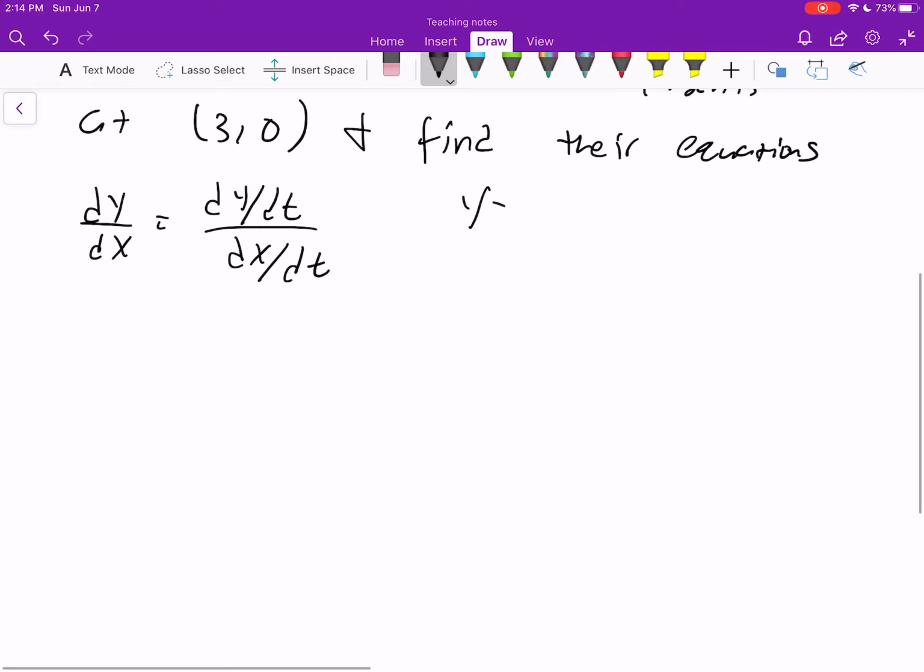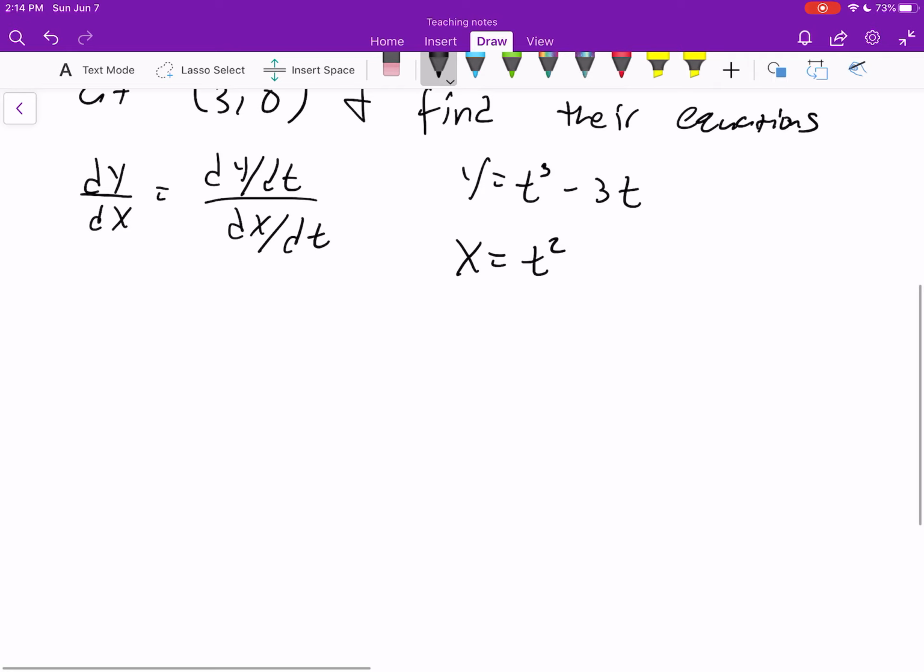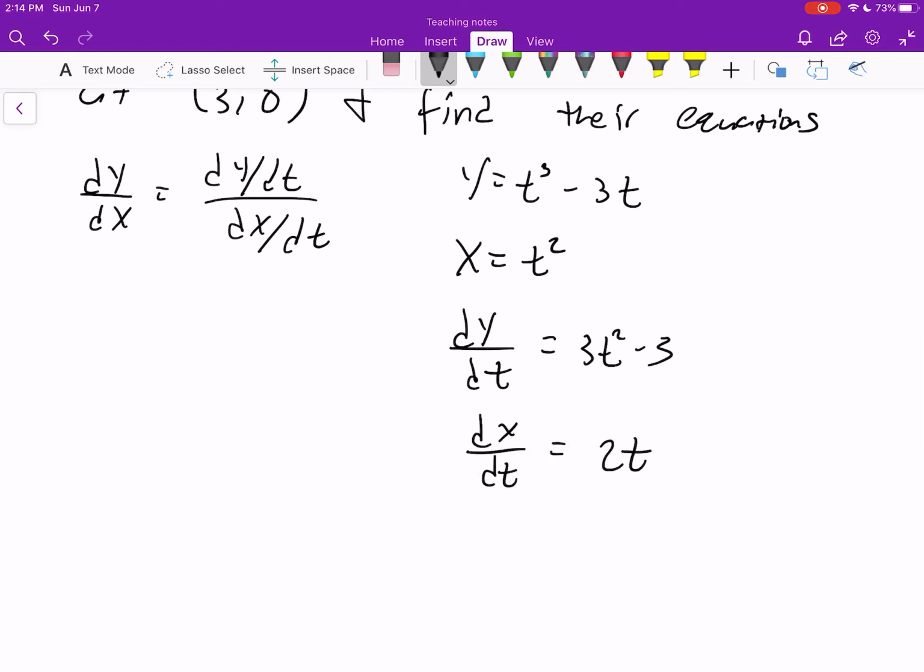And again, remember y is equal to t cubed minus 3t, x is equal to t squared. So I can do these derivatives pretty easily. dy/dt is 3t squared minus 3. dx/dt is equal to 2t.